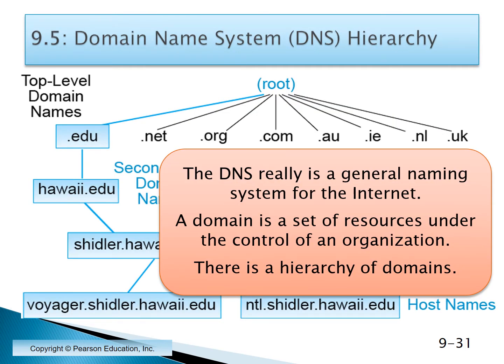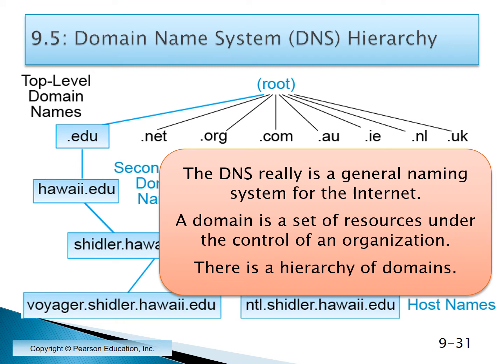So the DNS really is a general naming system for the internet. A domain is a set of resources under the control of an organization, and there is a hierarchy of domains. The top level domain names are like .edu, .net, .org, .com. These are the very common ones that have been here since the very beginning.